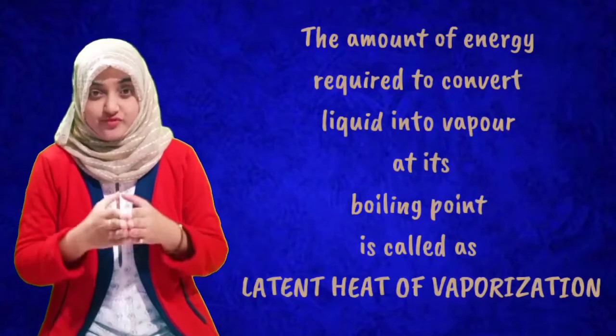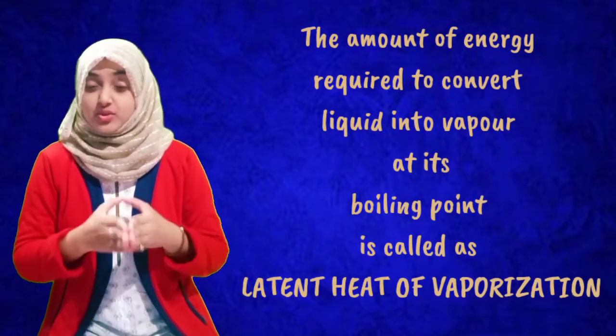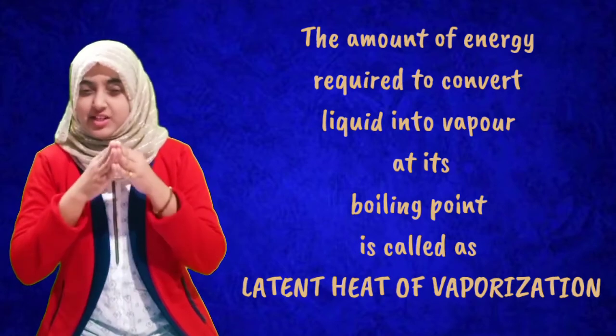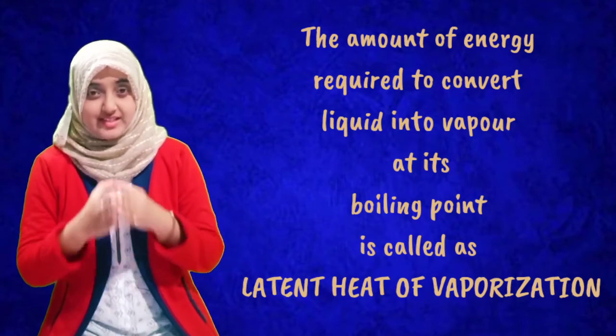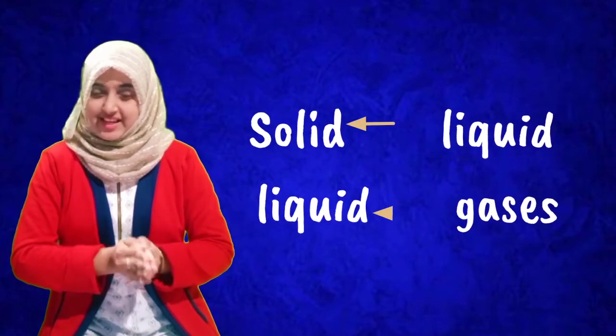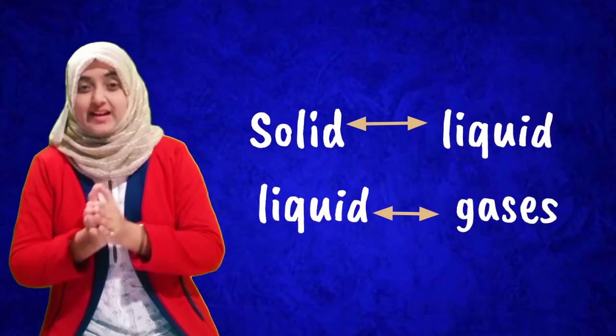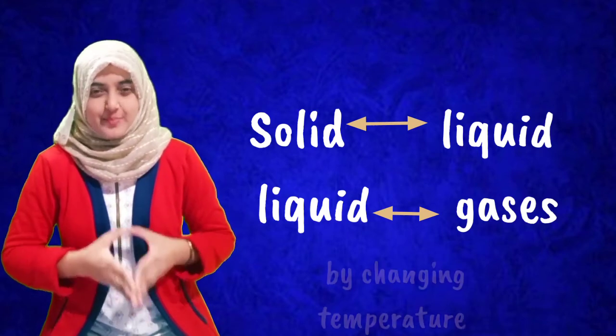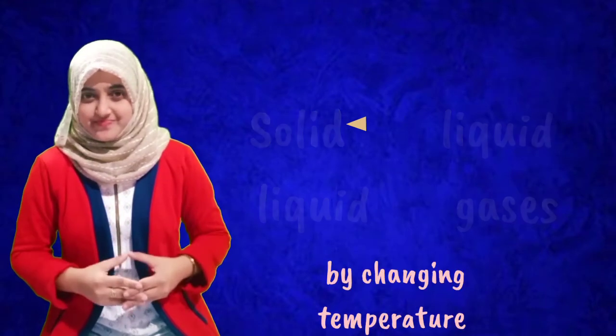The amount of energy required to convert liquid into vapor state at its boiling point is called the latent heat of vaporization. So by these two experiments, we learnt that the solid state can be changed into liquid state and the liquid state can be changed into gaseous state by changing the temperature.